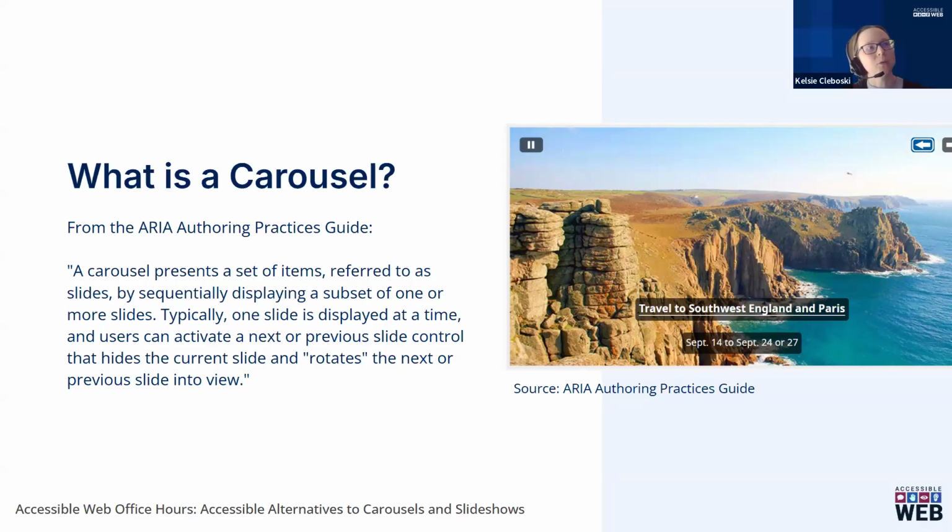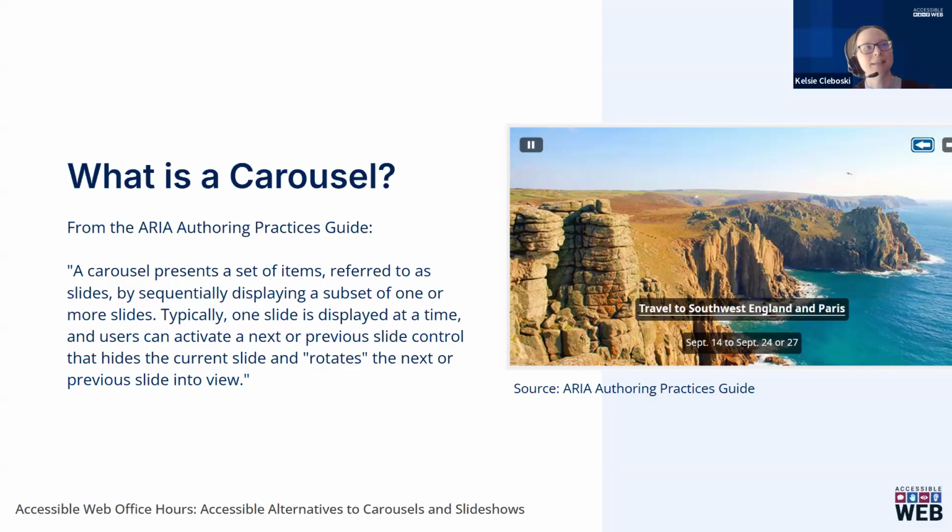Users can activate a next or previous slide control that hides the current slide and rotates the next or previous slide into view. And here on the slide, I've got a screenshot of an example carousel, also from the ARIA Authoring Practices Guide. And it's a travel image of some cliffs and the ocean with some text over it. So this is a very common type of content that we might see in a carousel, an image with some text overlaying it and some controls to rotate the slides left or right, usually indicated by a left or right arrow.